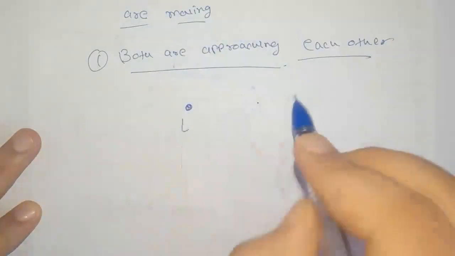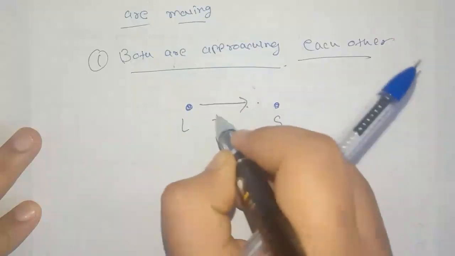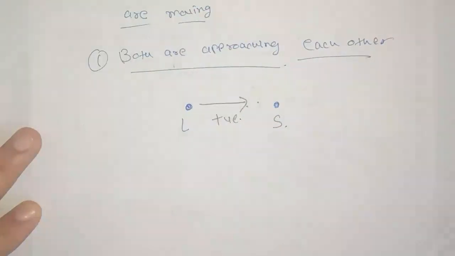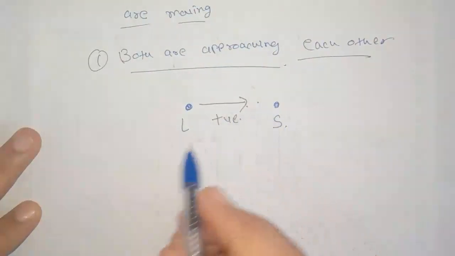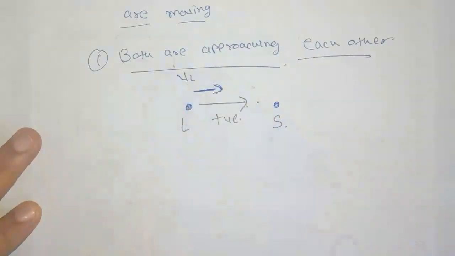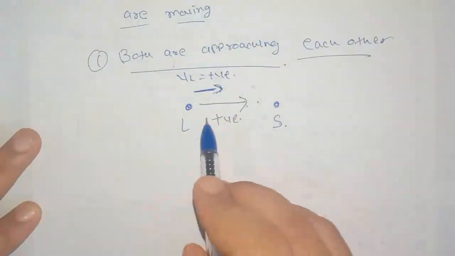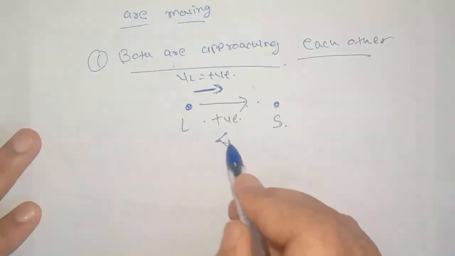Let's say this is listener and this is source. For reference, this direction is taken positive. As both are approaching towards each other, the listener will be moving in this direction, so VL will be taken positive and source will be moving towards listener.